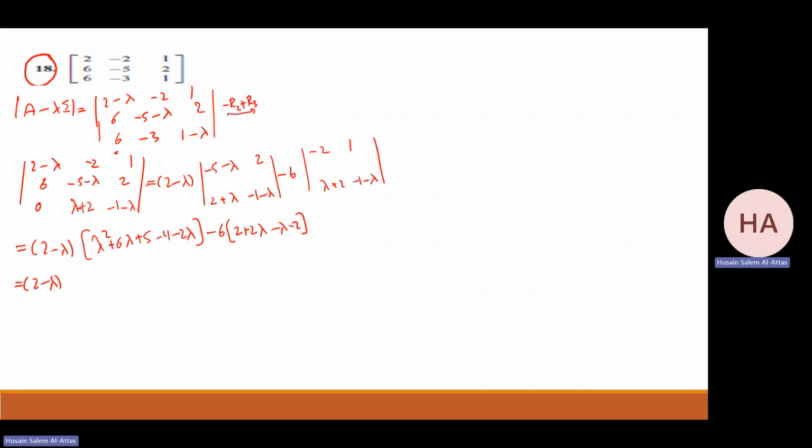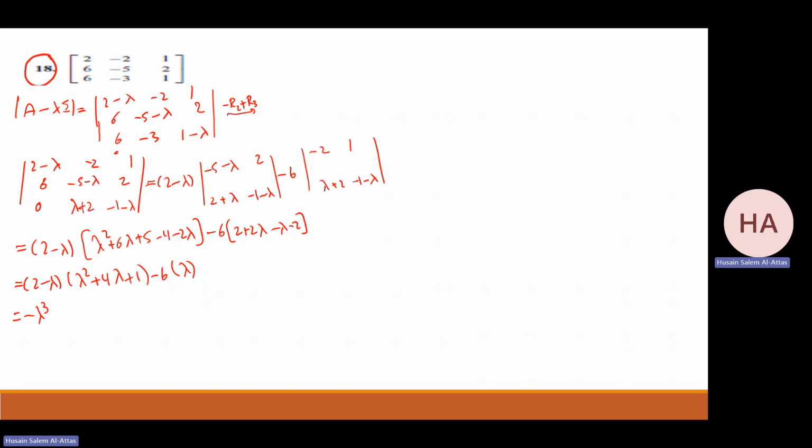Okay, 2 minus lambda. This is what? I have lambda square plus 4 lambda. Okay, plus 1 minus 6 times lambda. Seems to be correct now. So I have what?